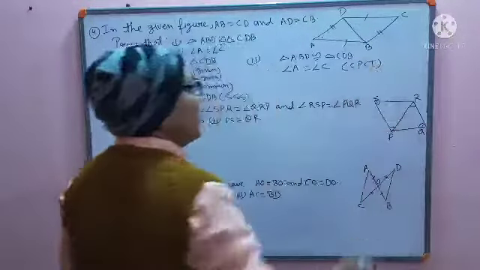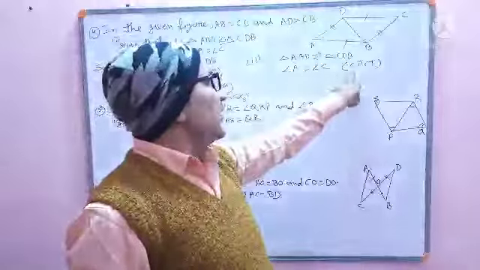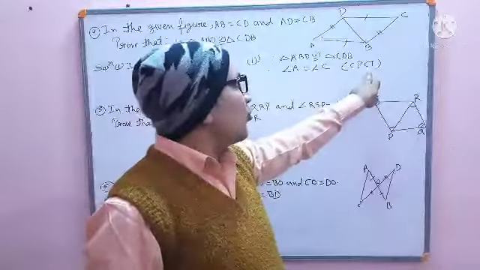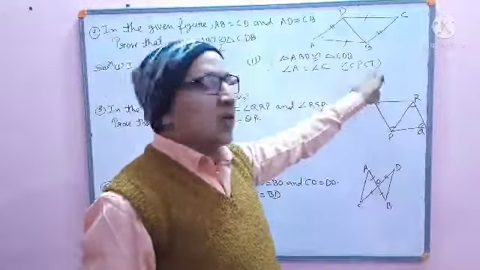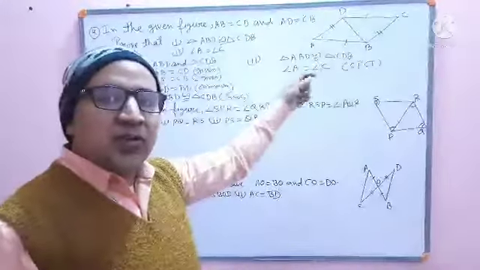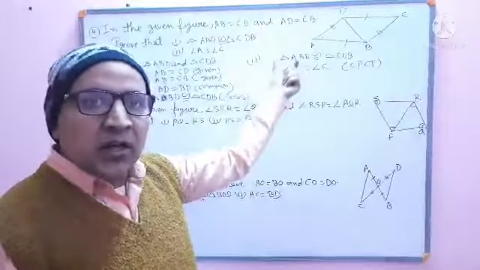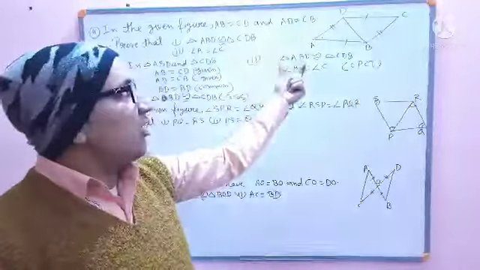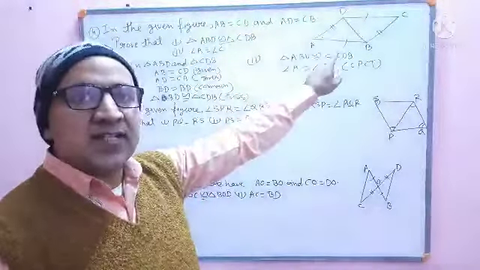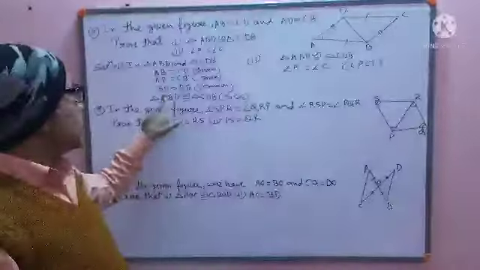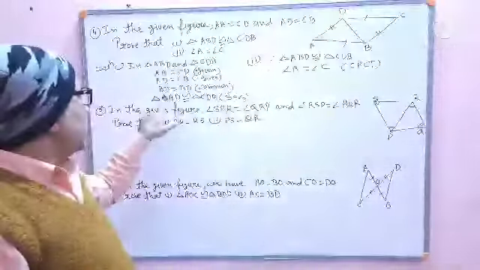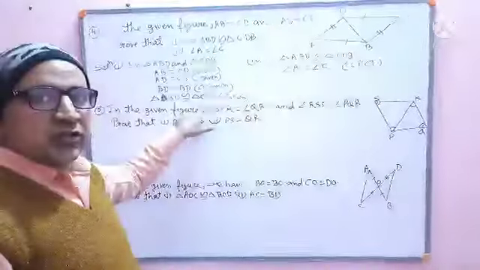In shortcut we write CPCT, corresponding parts of congruent triangles. Angle A and angle C are equal because they are parts of the congruent triangles, and in congruent triangles the corresponding parts are always equal. A is the first letter, C is the first letter. So angle A and angle C will be equal to each other.